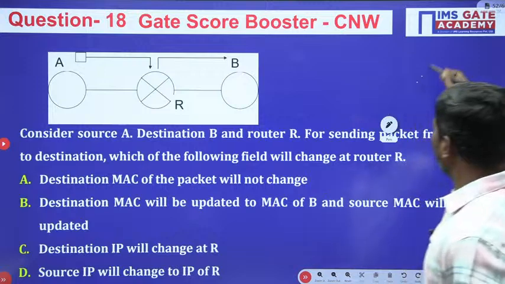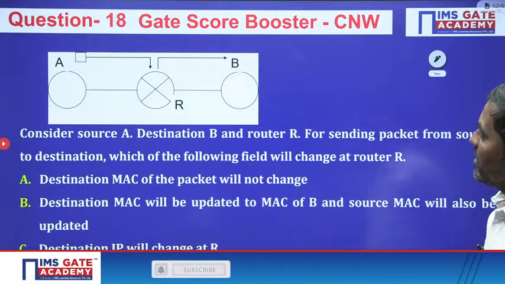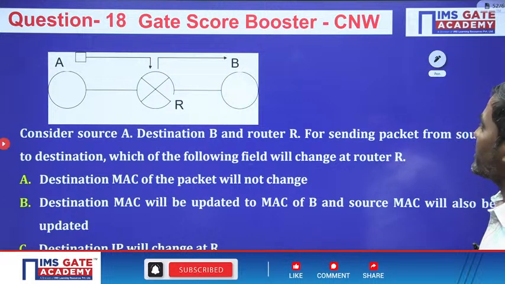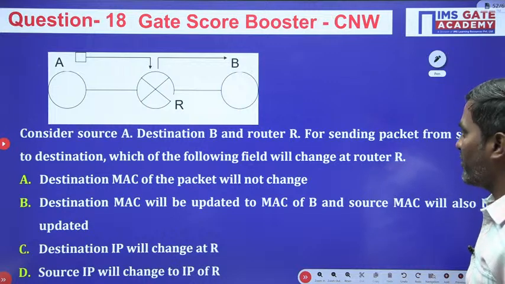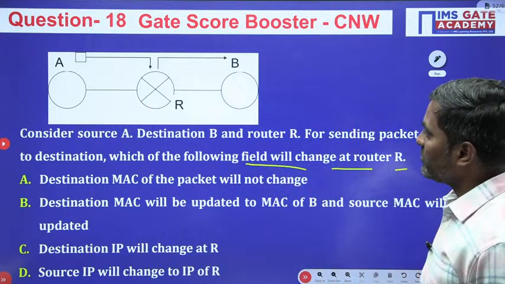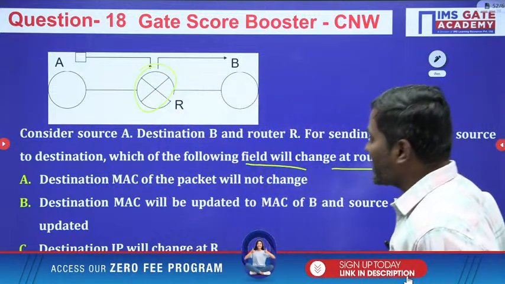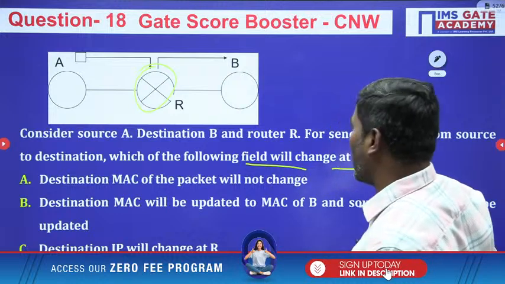So, look at this question and answer it. Consider source A, destination B and router R. For sending a packet from source to destination, which of the following fields will change at router R? Destination MAC of the packet will not be changed.